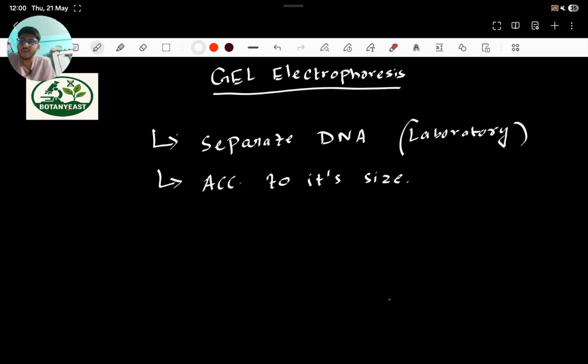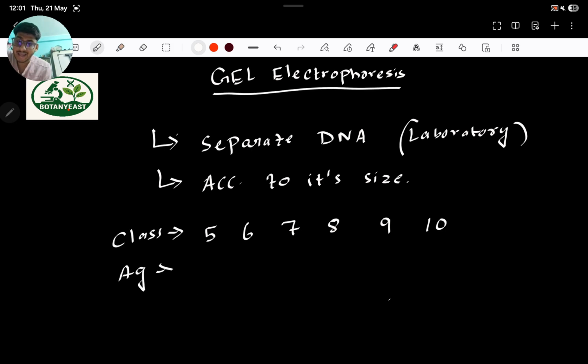Suppose in your school there are many classes. Suppose class 5, class 6, class 7, class 8, class 9 and class 10. How does the separation occur? By age. Okay, so if any kid is in the age group of, suppose, 16 years, he will be in class 10.